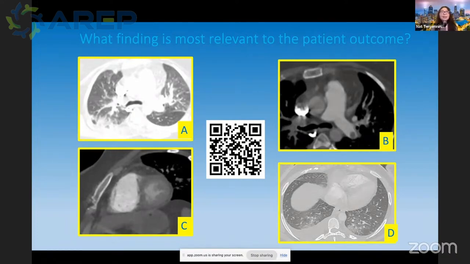What finding is most relevant to the patient's clinical outcome? Is it finding A, B, C, or D? So now, have your phone ready to scan the QR code, and then I'm going to time it. I'll give you 2.5 minutes today.